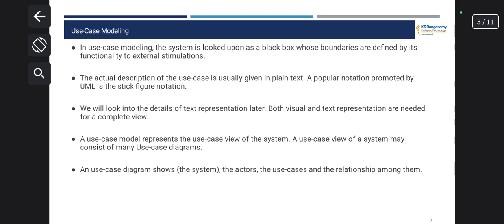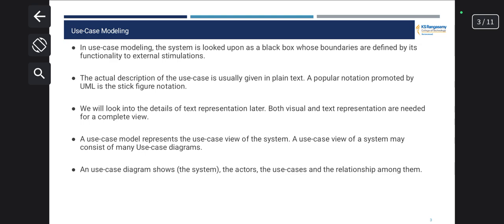Now let us understand use case modeling. In use case modeling, the system is considered as a black box. Black box means we are not concerned about how the system works internally. We only concentrate on what the system provides to the users. Use case modeling focuses on the external behavior of the system. It describes how users interact with the system and what results they get.